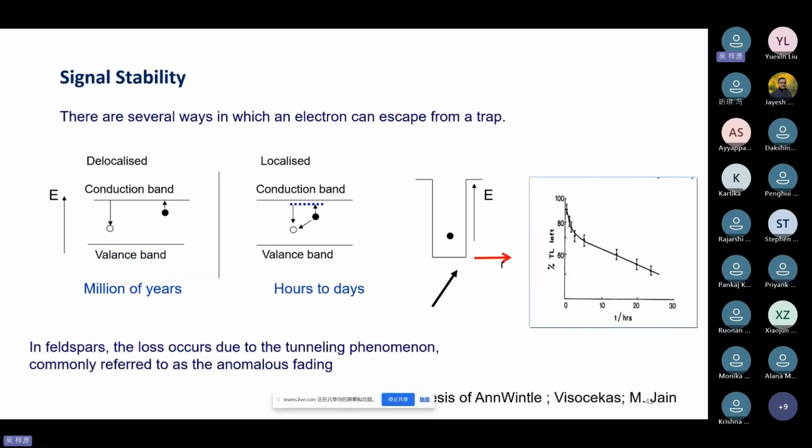But in feldspar, we found that these traps talk to each other quantum mechanically. So there was a chance that the charge can leak out without going through the normal excitation process. Initially, Wintle was not able to understand this and called it anomalous fading. Now we call it athermal fading because it is a quantum mechanical leakage. This implies that you lose signal without knowing.